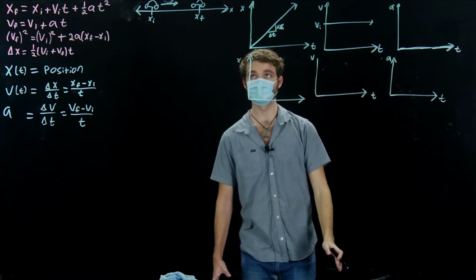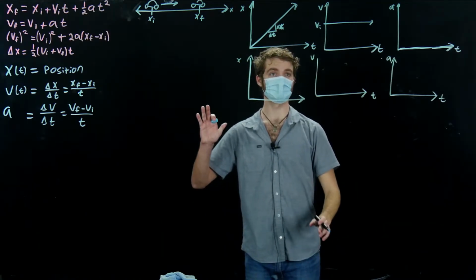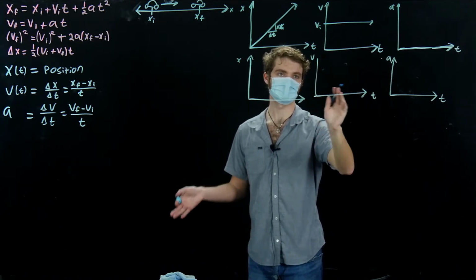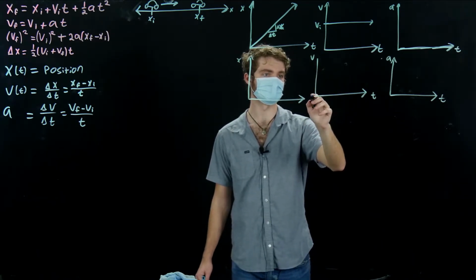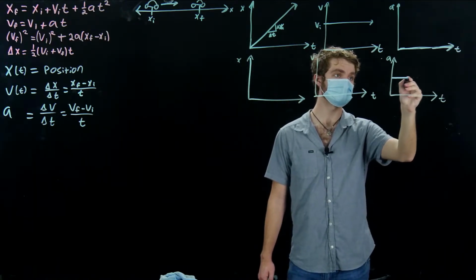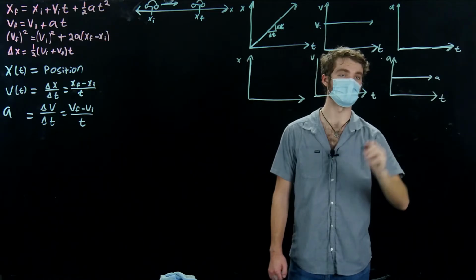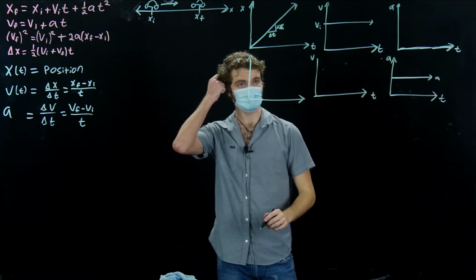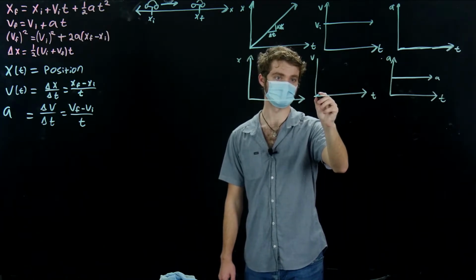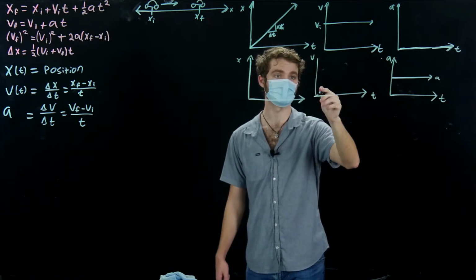What if instead our car starts at velocity v initial, and just for the sake of drawing, we're going to say v initial is 0, but it doesn't have to be, and it has a constant acceleration a. So we have acceleration a. Velocity starts at v initial. For just this drawing, it's 0, but it can be anything.